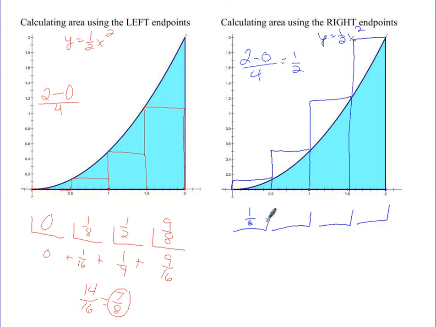Got it? Okay. This one, what are we plugging in? We're plugging 1 in because that's the right endpoint of this rectangle up to the function gives me the height. So we plug 1 in. 1 squared is 1 times 1/2 is 1/2. Notice anything? It's going to be the same numbers as we had over here, except we don't have this one.